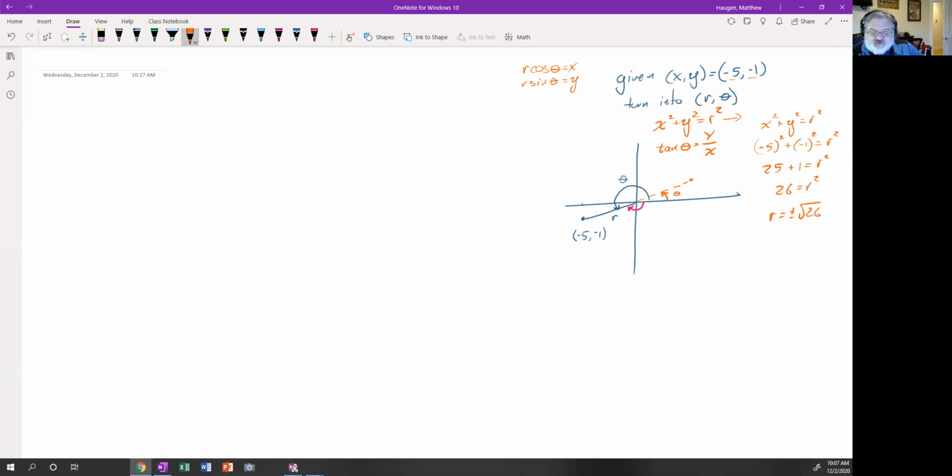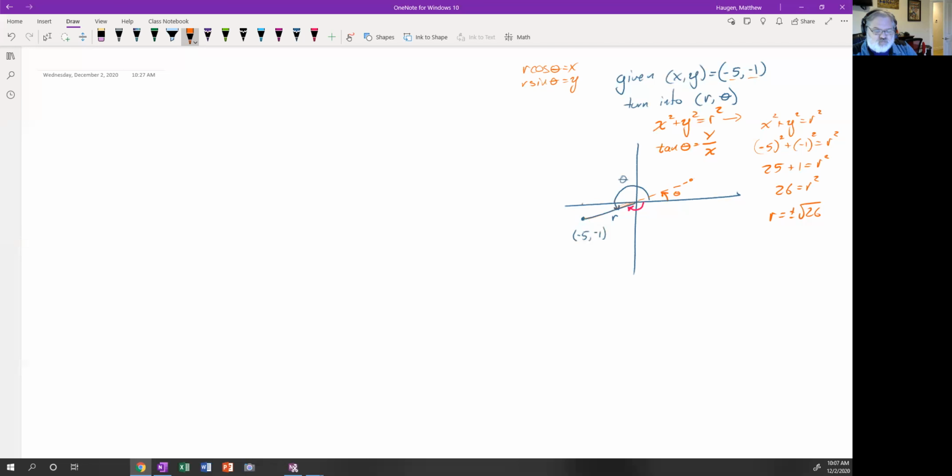Now that plus or minus is important because if we use the positive root 26, then our angle has to point in this quadrant 3 direction, right? If we want to point into quadrant 1, we have to use the negative root square root 26. Fair? So we got to keep that plus or minus in mind. You can use either one, but you got to use the right angle with it.